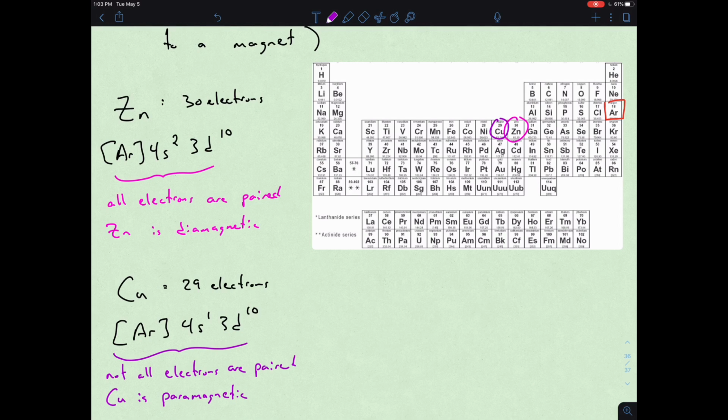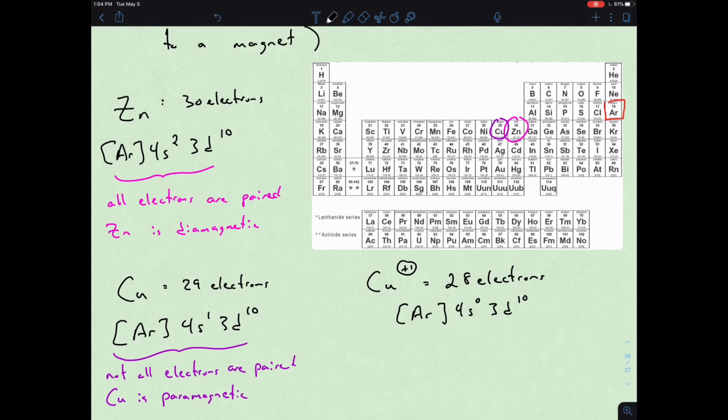And that also describes how we know about this form of copper. In the sense of, if we remove an electron, let's say we have copper plus 1. So now we have one less electron. We should have something that looks like this. And if it was 4s1 3d10 with copper neutral, and now we're losing one electron, we should have something now that's actually diamagnetic.